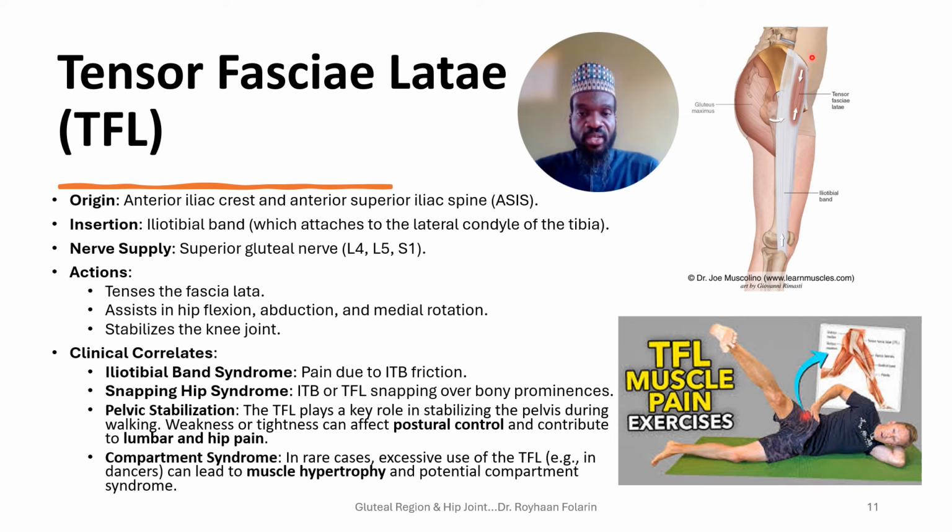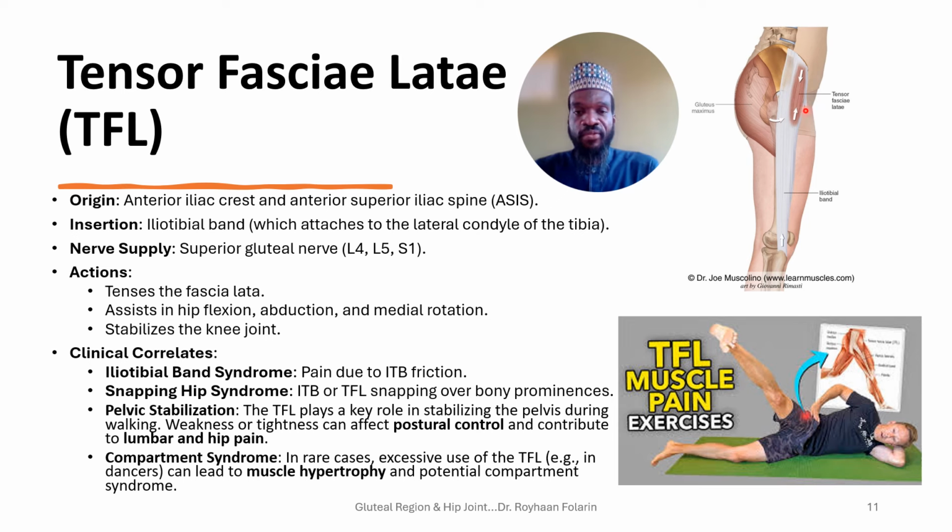It's also innervated by the superior gluteal nerve. Based on its point of attachment, you can expect that its action includes flexion of the hip joint, so it assists in the flexion of the hip joint. It also assists in abduction and in the medial rotation of the hip joint.